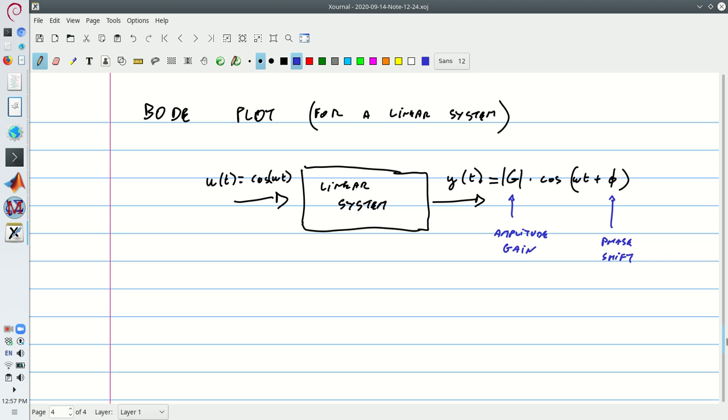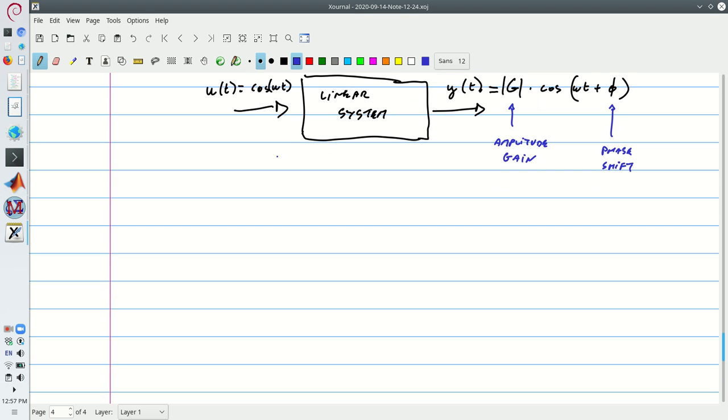So what is the Bode plot? Think of it as a thought experiment where you report this g. This g is a function of omega, so, important, it depends on omega, and also the phase shift.